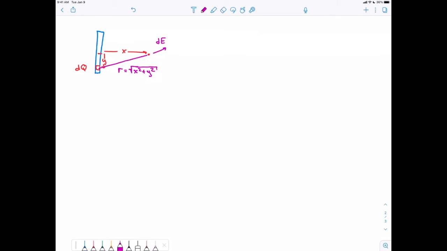But I can write an expression for the magnitude of that electric field. It's just k times the charge producing it. If it were a force, I would multiply it by the test charge and then divide by r squared. But I'm not going to include the test charge in this calculation because I'm not calculating a force, I'm calculating an electric field.